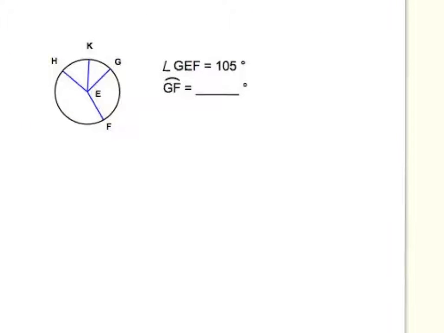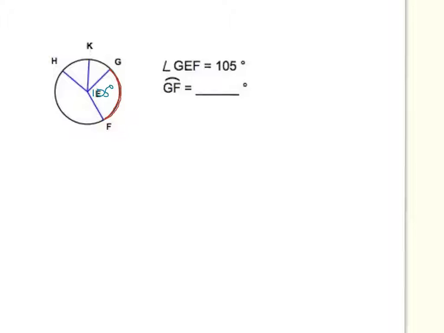Let's look at this one over here, where we have all these different angles. We have E in the center, we have F, G, H, and K, and the goal is to only find arc GF, which is this arc right here. Now it tells us the measure of angle GEF is 105.